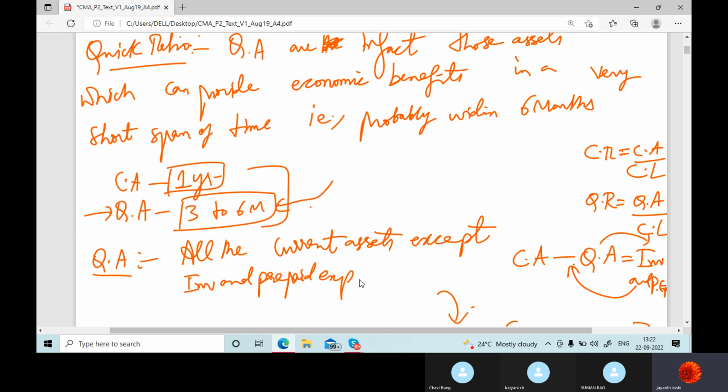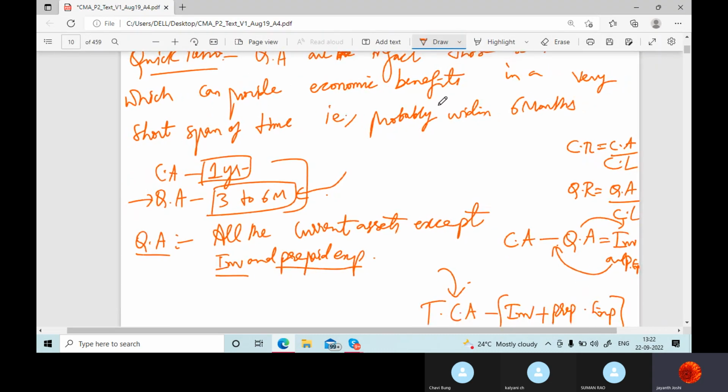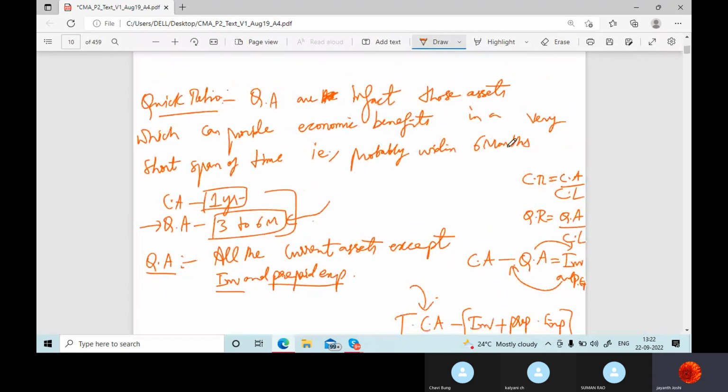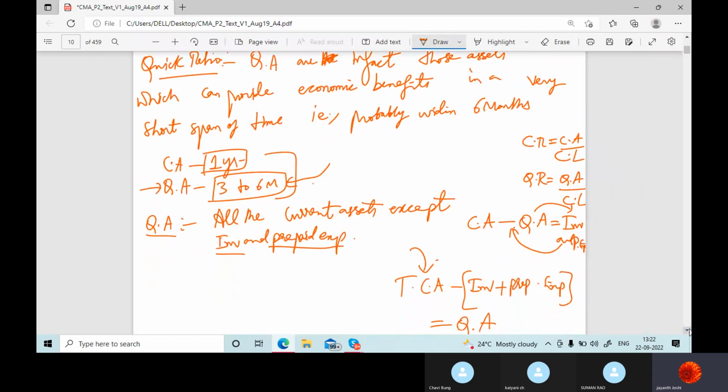That means when you are given a question and asked to find out quick ratio, you take all the current assets, but what you should ignore is inventory and prepaid expenses. Now, coming to the reason behind this, I'll give you the reason, but first you give a reading to all this and note down these points, and then I'll give you the reason why it is so. Okay.